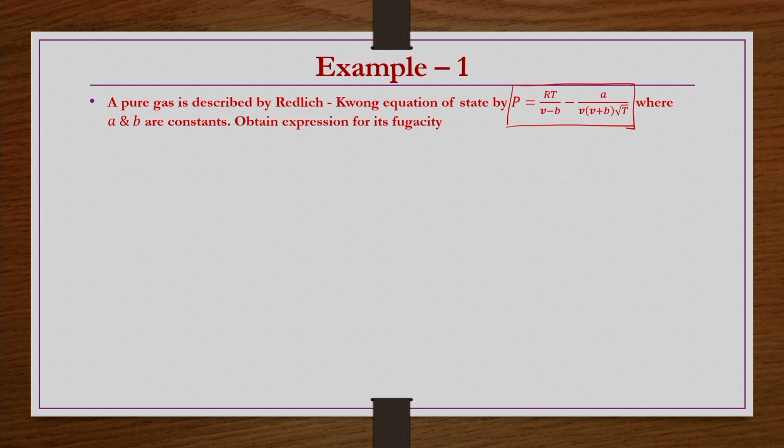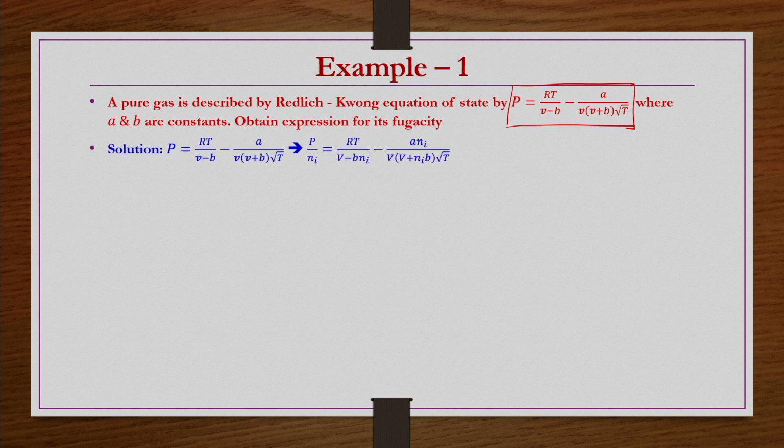We have to find F pure i, that is integral of P by Ni minus RT by V dV, minus RT ln Z plus RT Z minus 1. In that equation we have to find what P by Ni is according to the Redlich-Kwong equation and substitute it.